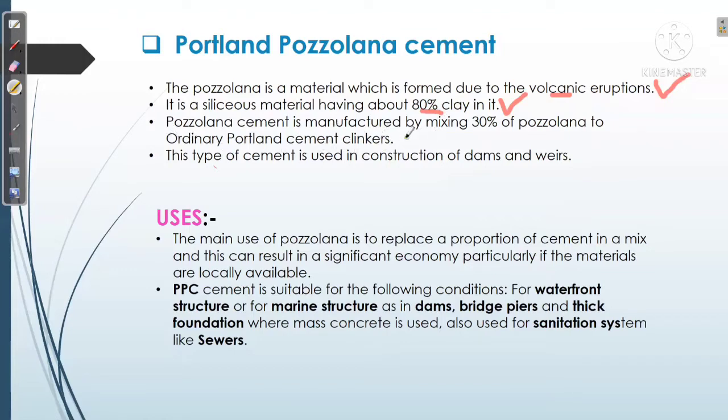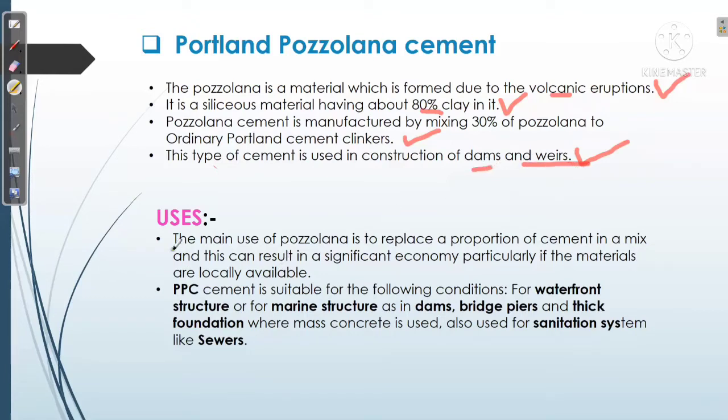Again, the third important point is pozzolana cement is manufactured by mixing 30% of pozzolana into ordinary Portland cement clinkers. This type of cement is used in the construction of dams and weirs. So the use is also listed here. We can use it in dams and weirs.